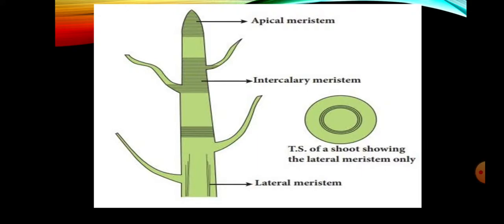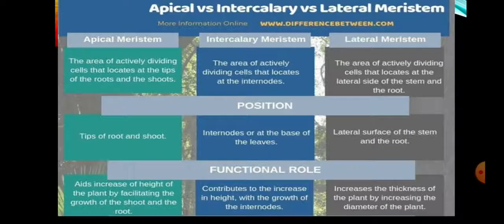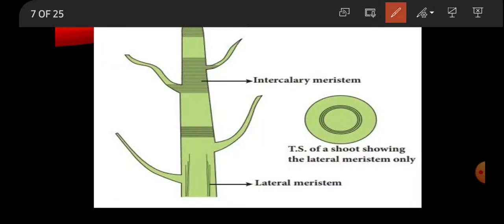Intercalary meristem is present at the base of the node, and the lateral meristem is present on the sides of the plant, and it works only during the condition of emergency. Means when a wound occurs to the plant, then the lateral meristem functions.